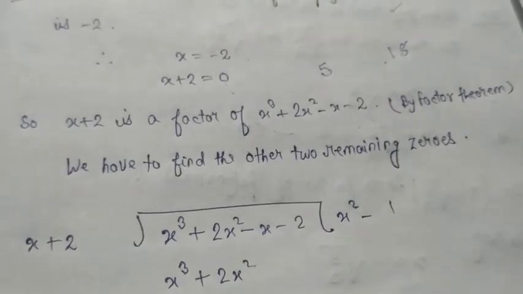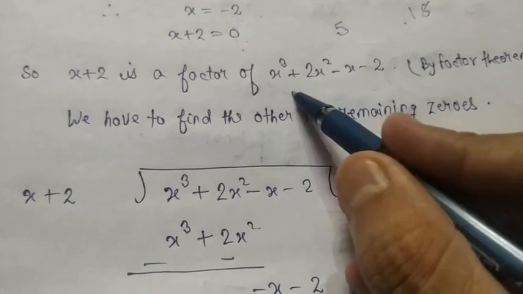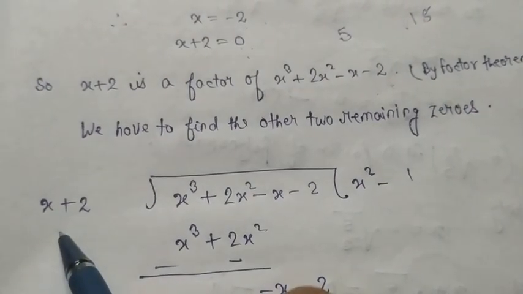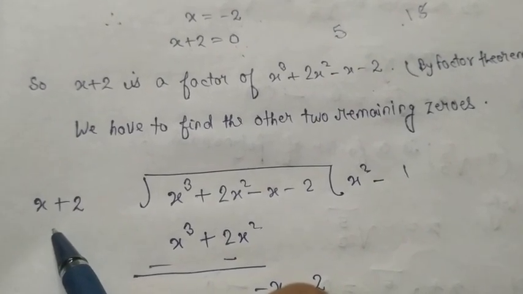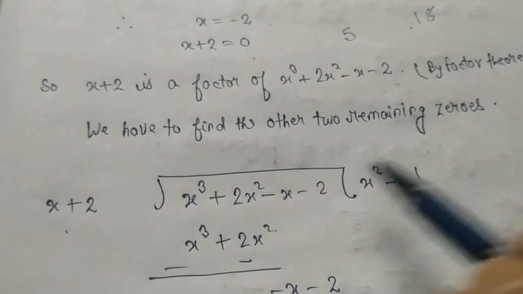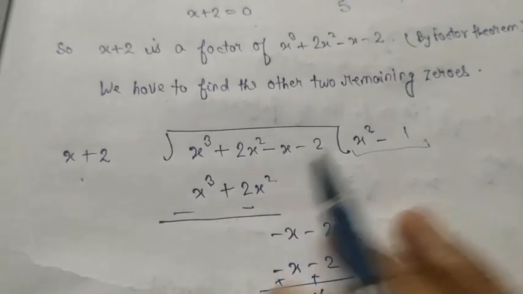So for finding the other two zeros, what we will do is divide this expression by this. This type of question you have already solved in class 9th in the factorization chapter, where you have to factorize one. You divide, and whatever quotient comes, that will be the answer. So the same we will apply here also.